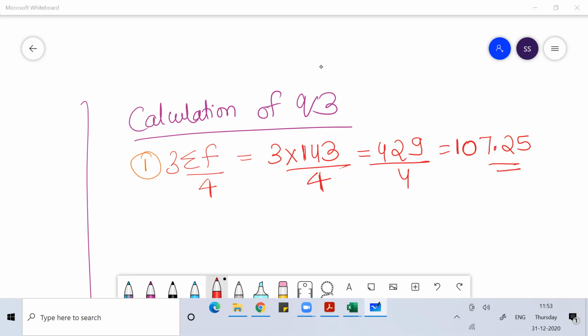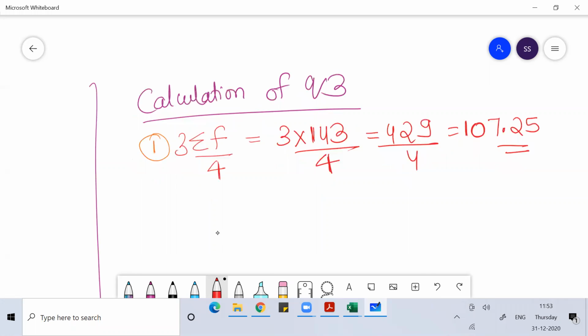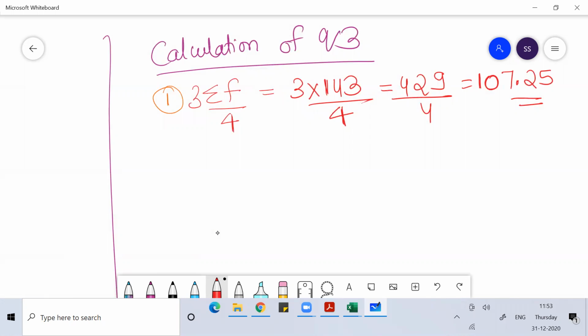Once you get 107.25, now see, Reshma, where you have doubt. You got 3 into sum of f by 4 as 107.25.